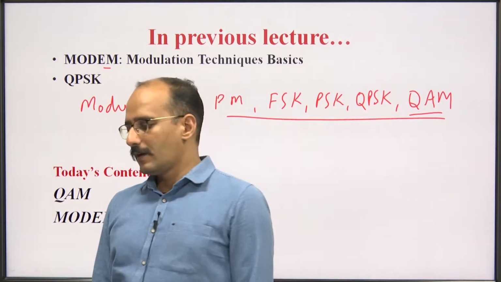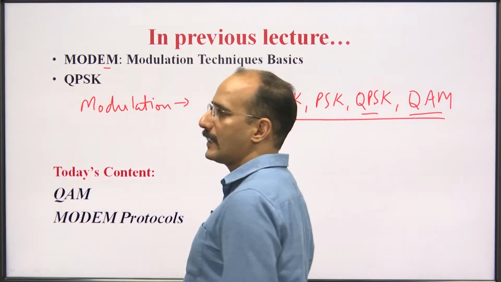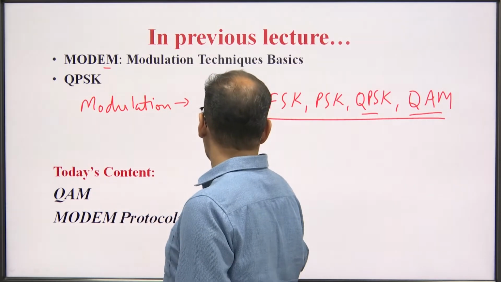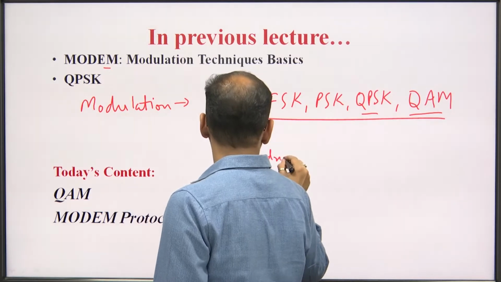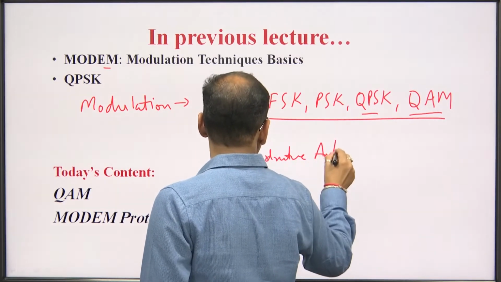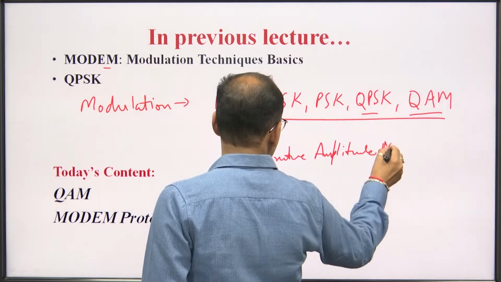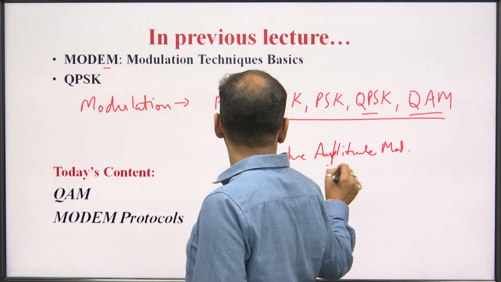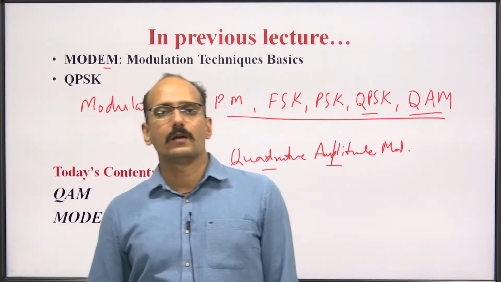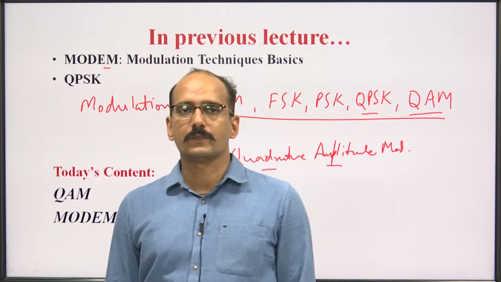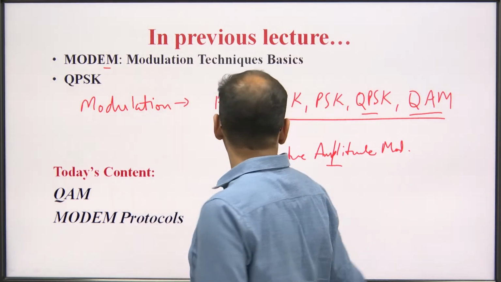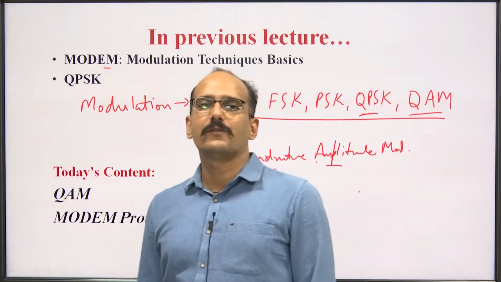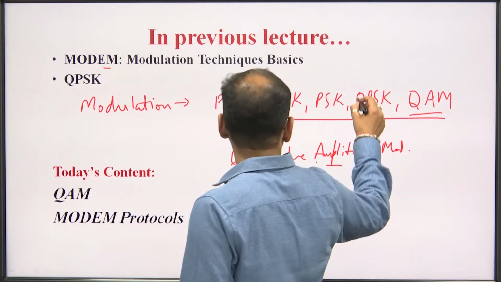As I told you about the QPSK technique in the previous lecture, it is very much required for QAM, because QAM stands for quadrature amplitude modulation, meaning at the same time it changes the amplitude as well as the quadrature phase information. To understand this quadrature, we went through QPSK.